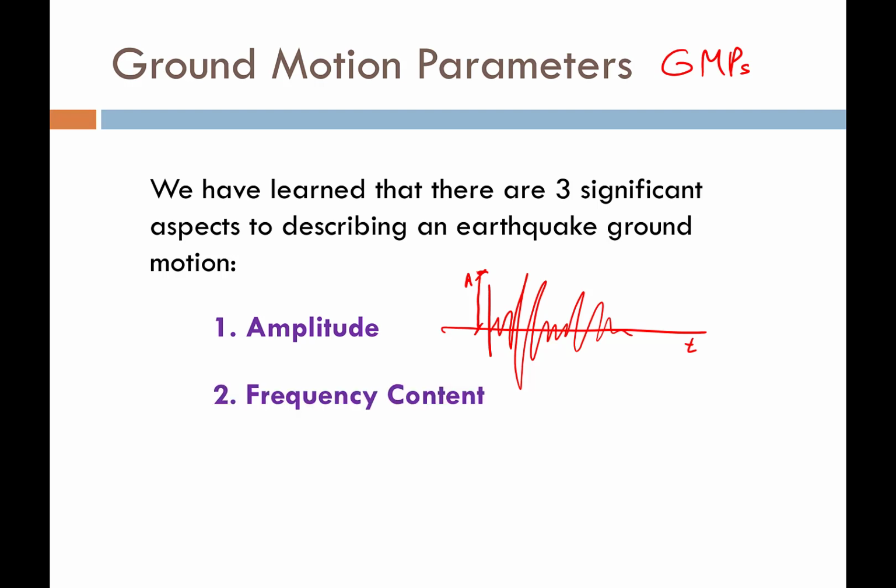The second is the frequency content. The frequency content describes essentially the period, or the rate at which these waves are coming in. This is significant because different frequencies of ground motions cause resonance with certain frequencies of response mechanisms.